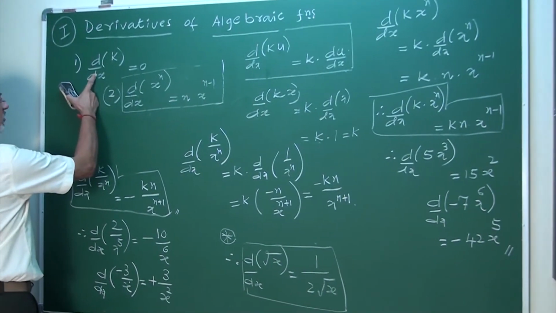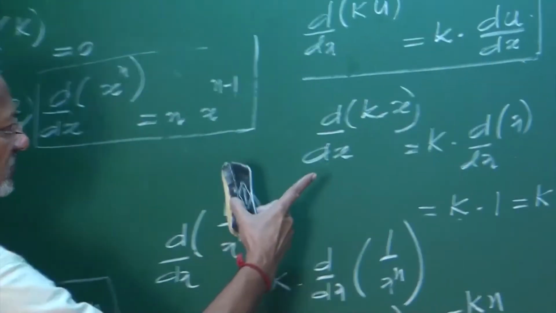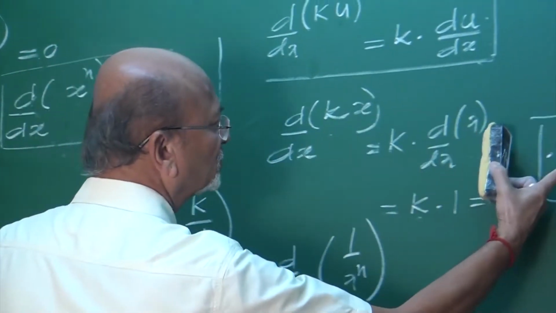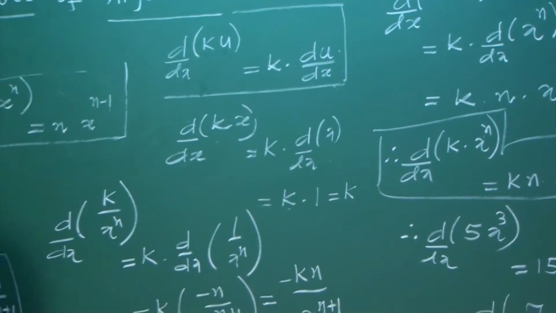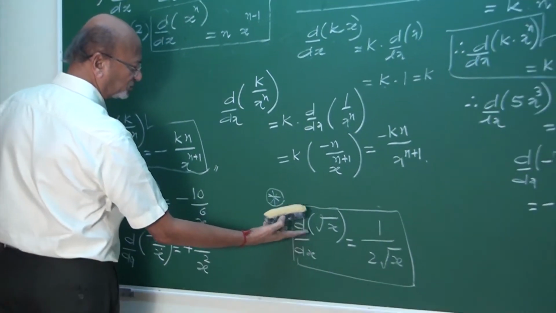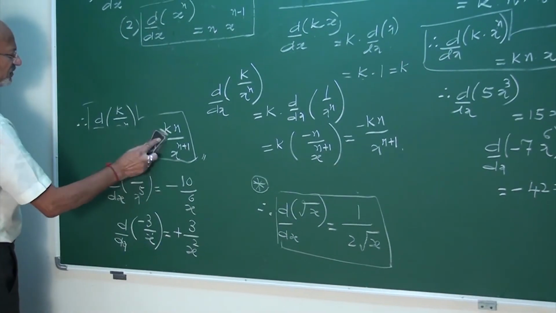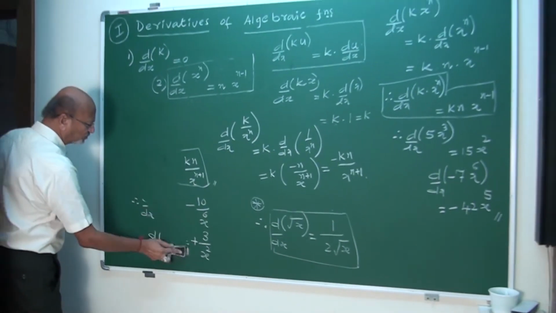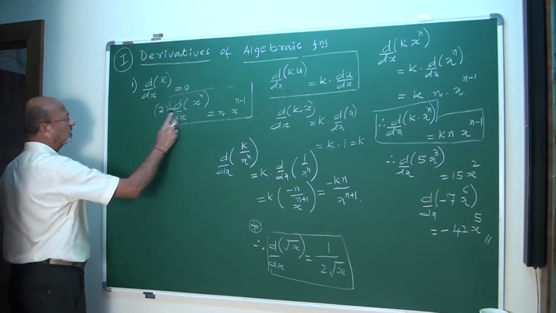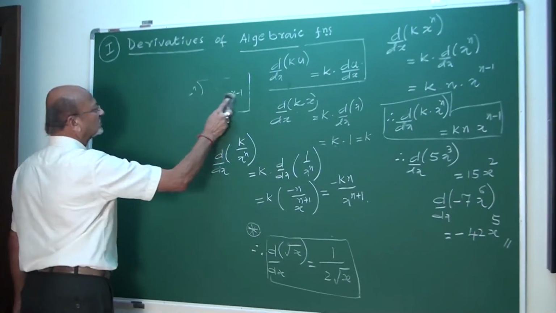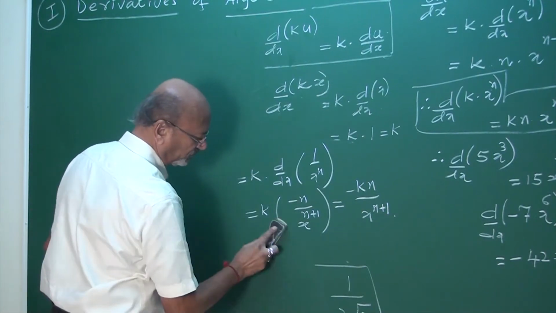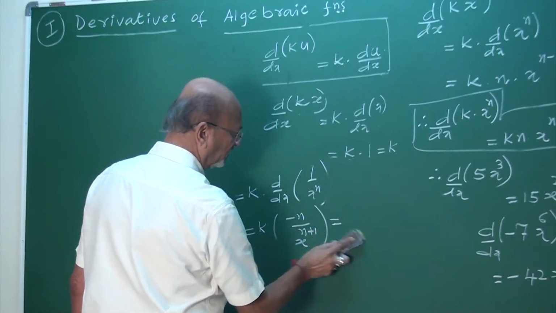Remember, in algebraic, this is 1, 2, 3, 4, 5, 6, and this root x is 1 by 2 root x. If you use them repeatedly, you can very well remember. This is the derivatives of algebraic functions.